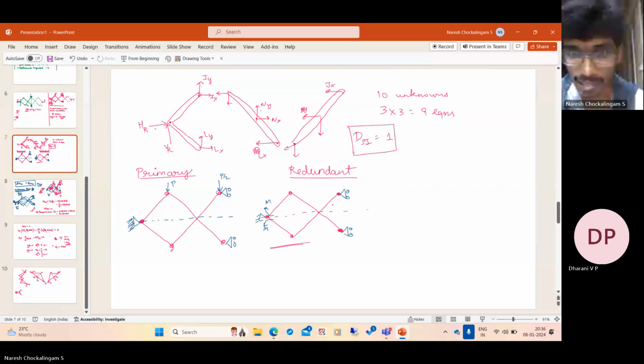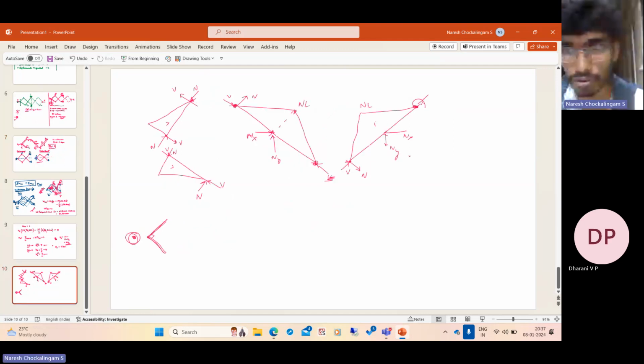So when you apply a certain moment here, this is the primary structure. This part of the structure is actually unstressed. So here you have no normal force, no shear force, and no bending moment.